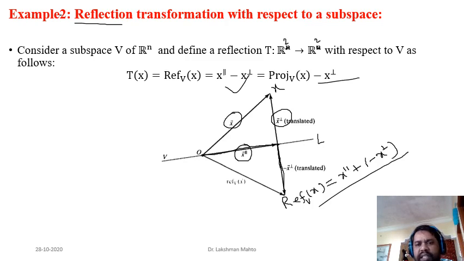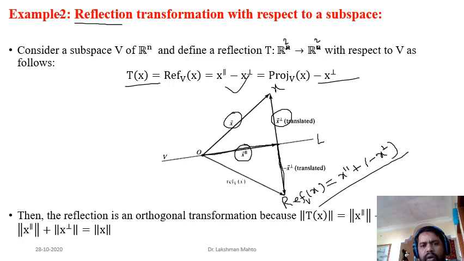So reflection you are defining as the difference of the projection of x minus x perp. During module 2, we had no interest regarding x perp. Now here in module 3, we are always talking about orthogonal situations. That's why x perp is very interesting. So this is the definition of reflection.